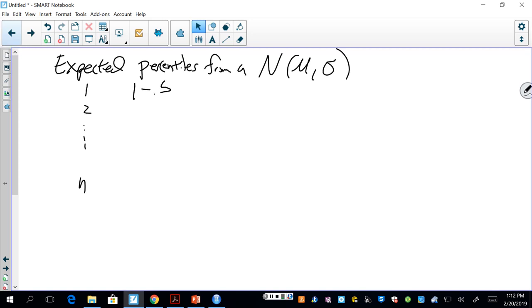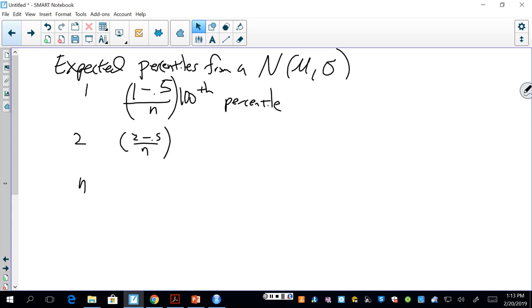If you take 1 minus 0.5 over n, and let's multiply it by 100, look for that percentile from that distribution. That's the first one. Take 2 minus 0.5 over n, like 1.5 over n, times 100 for the next percentile.